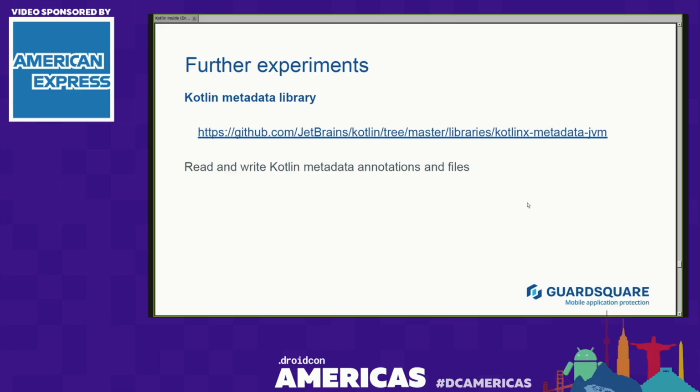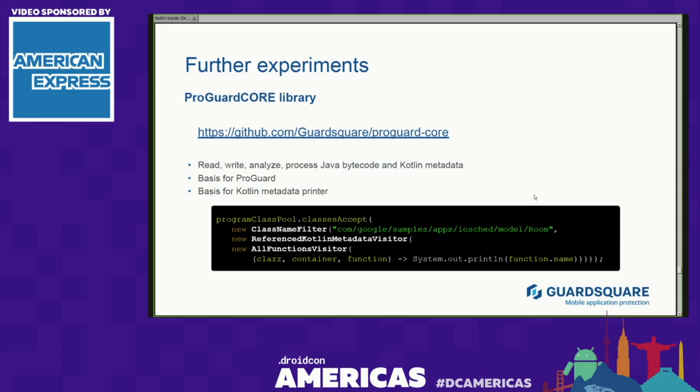If you really want to get your hands dirty, you can also look at JetBrains' metadata library that allows you to disassemble or explore the metadata that are inside Kotlin annotations. If you are interested in the combination of Kotlin metadata and Java bytecode, and you want to read, write, manipulate them, you can have a look at the ProGuard core library.